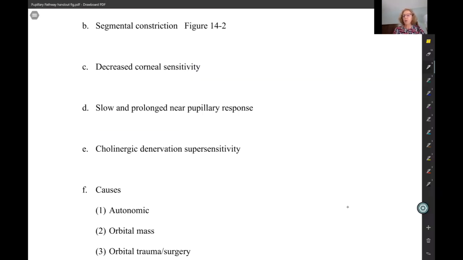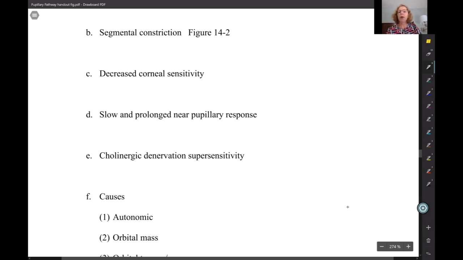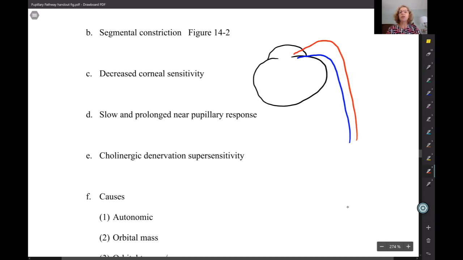One theory as to why the near pupillary response remains partially intact is that you get aberrant regeneration of the fibers. So remember that within these ciliary nerves, we have fibers going to the ciliary body, and we have fibers going to the iris sphincter.